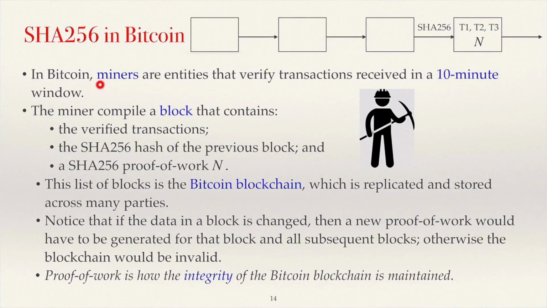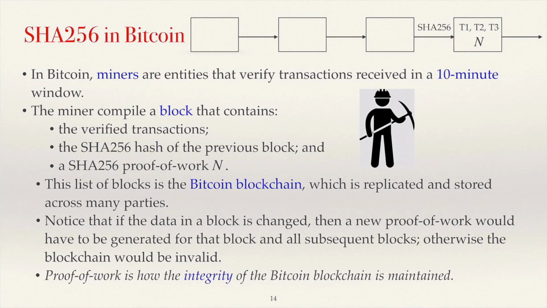In Bitcoin, miners are entities that verify transactions received in a 10-minute window. The miner compiles a block that contains the verified transactions, denoted here T1, T2, T3, the SHA-256 hash of the previous block, so this value here, and the SHA-256 proof of work, N, the nonce.